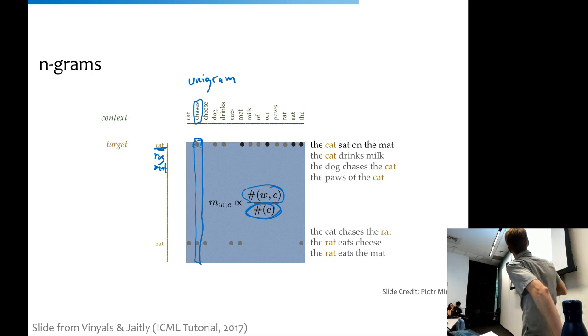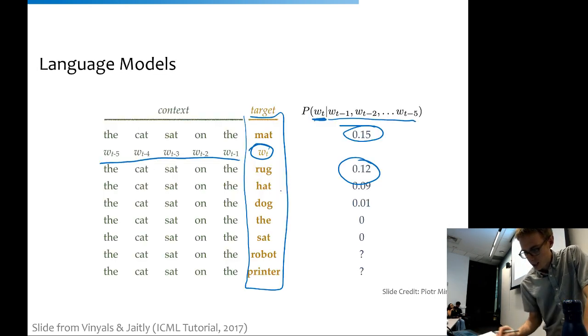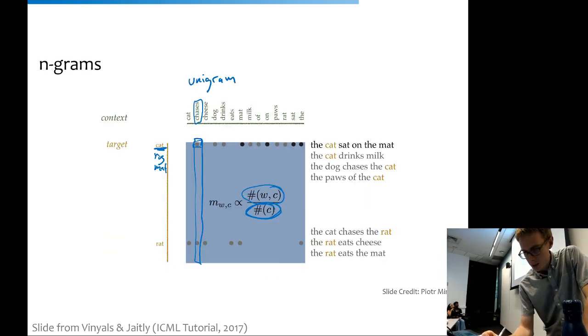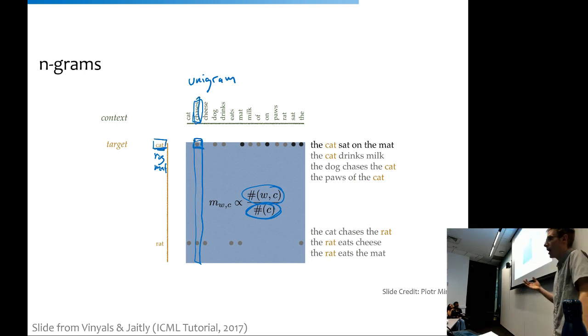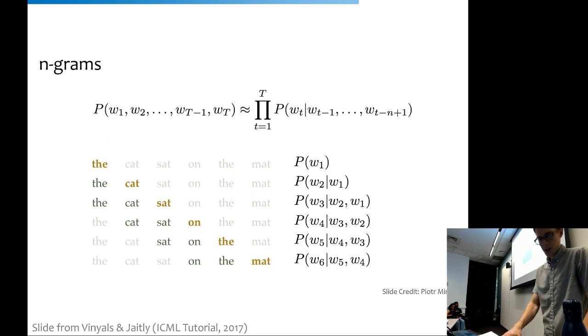And to get the probability of cat following chases, we would say, well, let's just take the number of times that cat follows the word chases and divide it by the total number of times that we see the word chases. Okay.